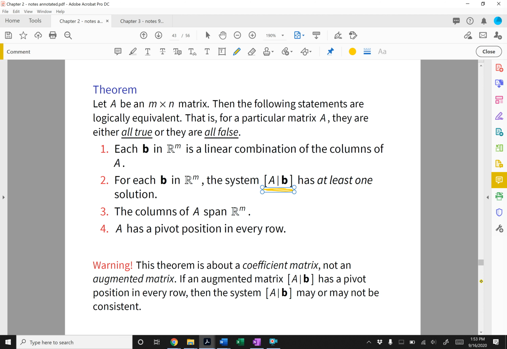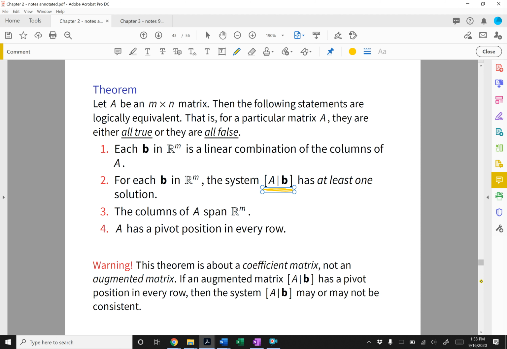The columns of A span Rm, so that means the span is any place you can get with any linear combination of the set of vectors, and A has a pivot position in every row. All of those are equivalent. So if you know one, you know the other ones.